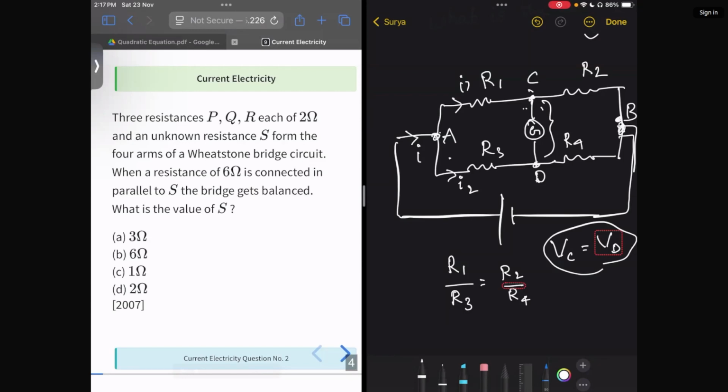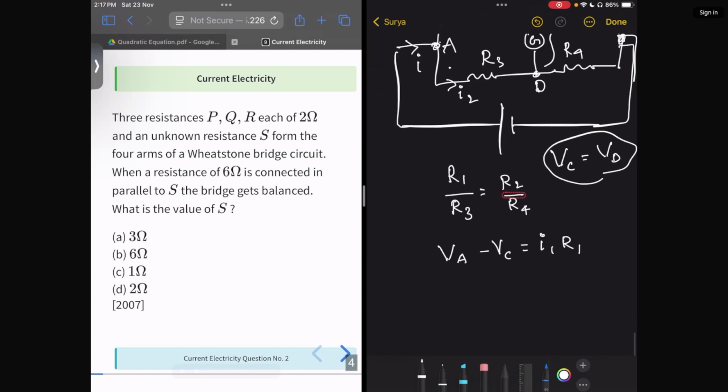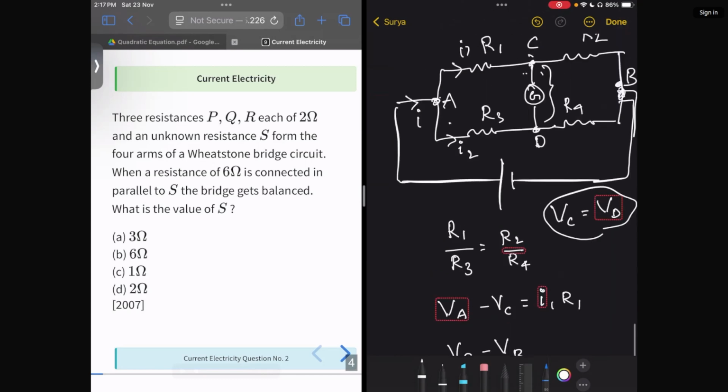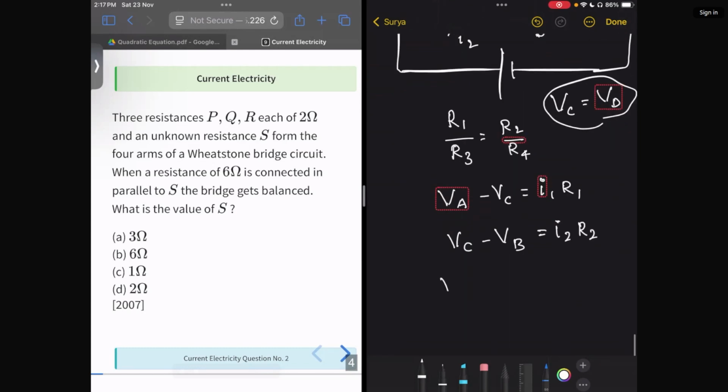If VC is equal to VD, then applying Ohm's law, VA minus VC will be I1 R1, and VC minus VB is equal to I2 R2. If we divide, VA minus VC by VC minus VB is equal to R1 by R2, right?